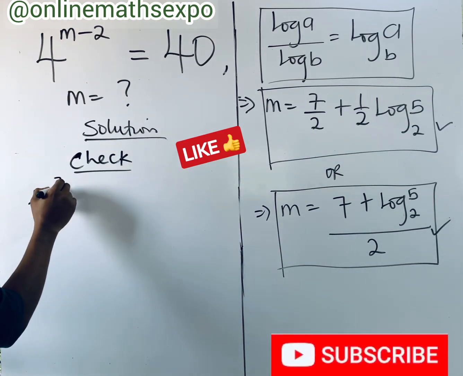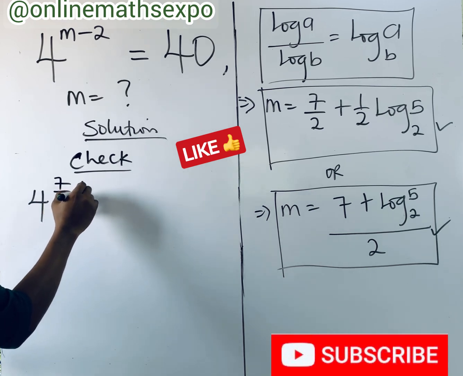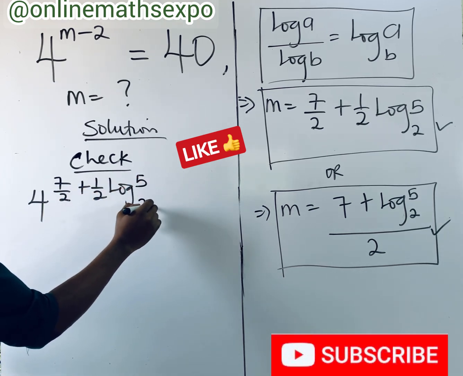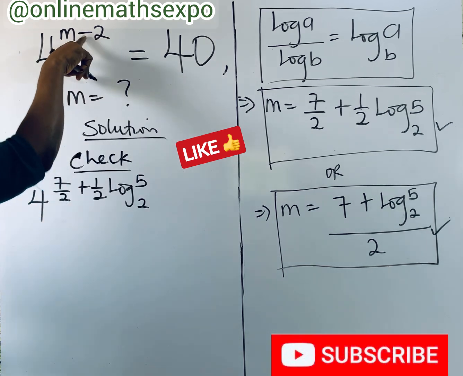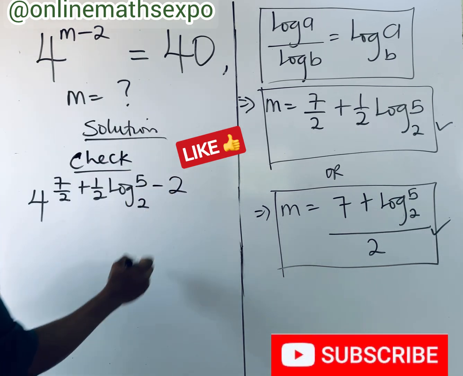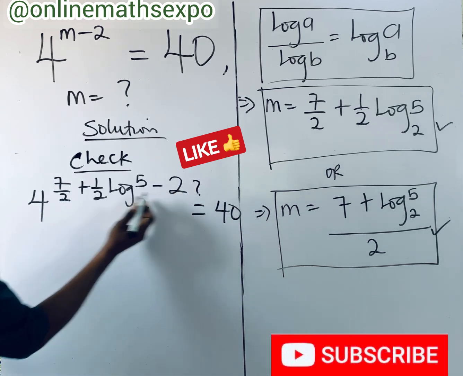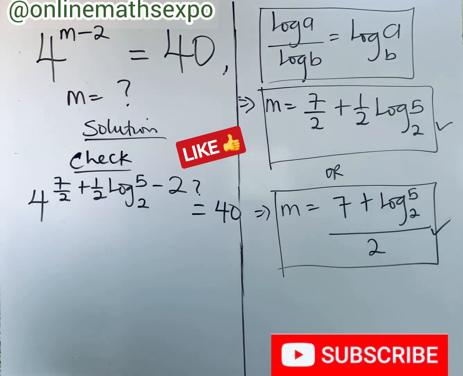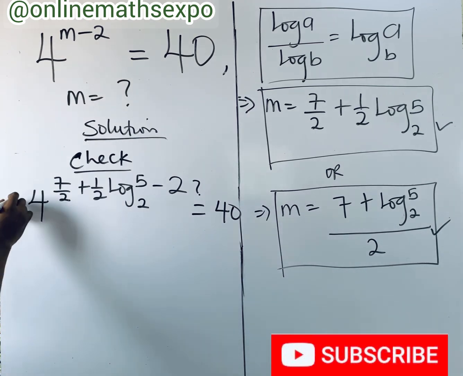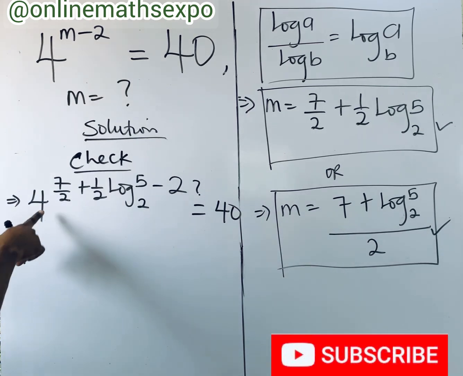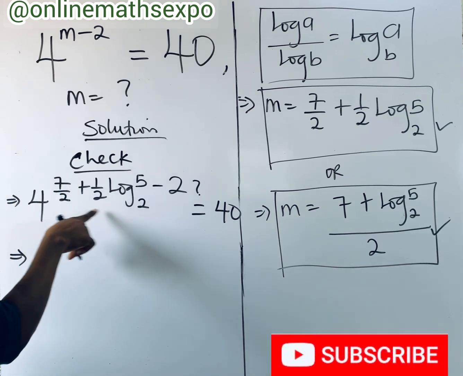We have m is 7 divided by 2 plus half log 5 base 2, okay? Then minus 2, did you see that? And everything is equal to, we want to know if this side will be equal to 40. So let's do it together. So what do you do at this point? Just quickly remember that this 4 has this power, okay?